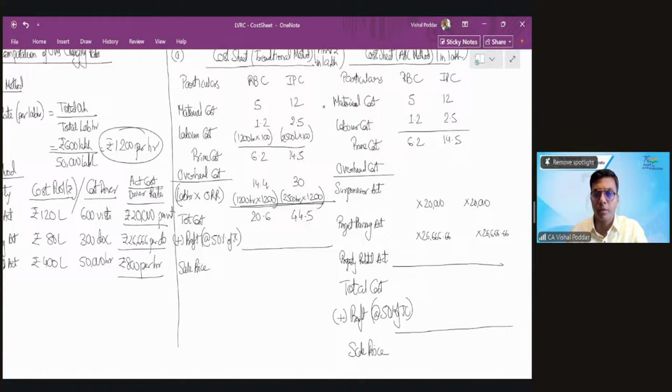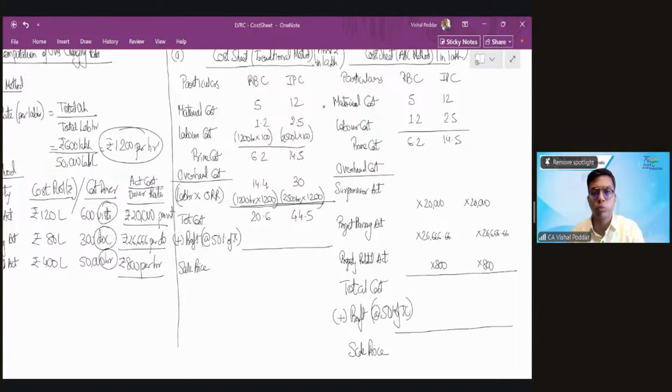So these are my activity cost driver rates, students. Now I'll multiply them by the respective drivers. Here the drivers are visits, here documents, and here labor hours.